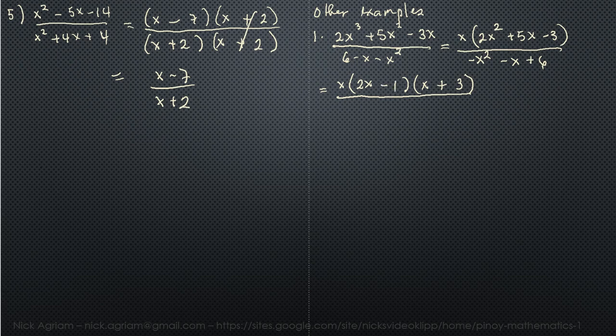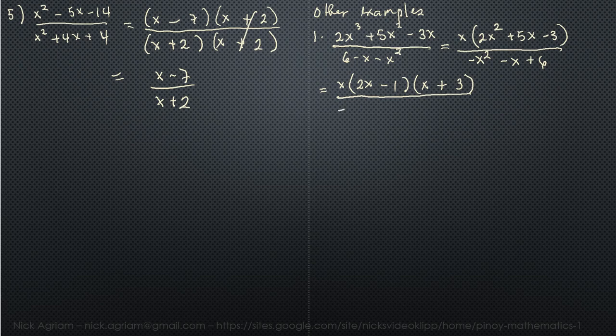Can that work? 2x times x is 2x squared. We have 2x times 3 is positive 6x, and then minus x. That is positive 5x. Okay, it worked.